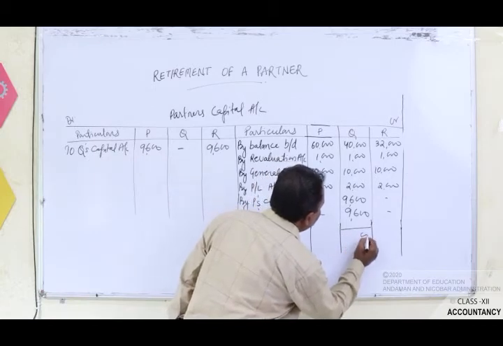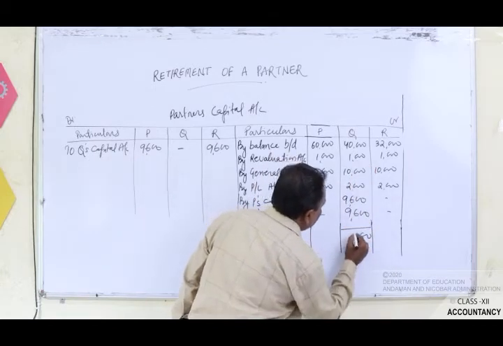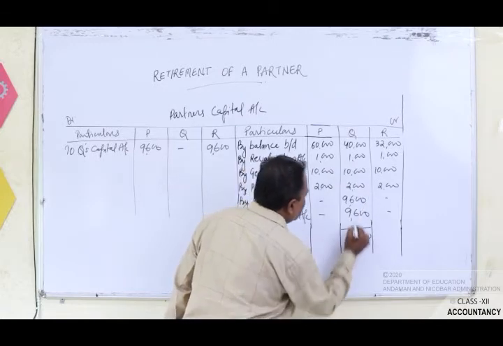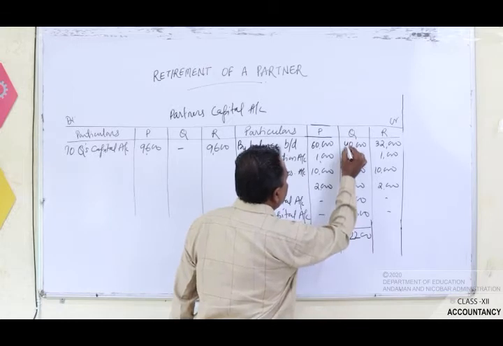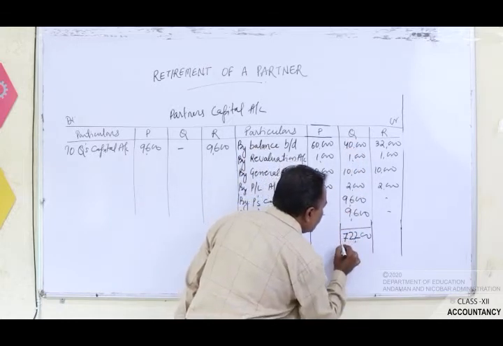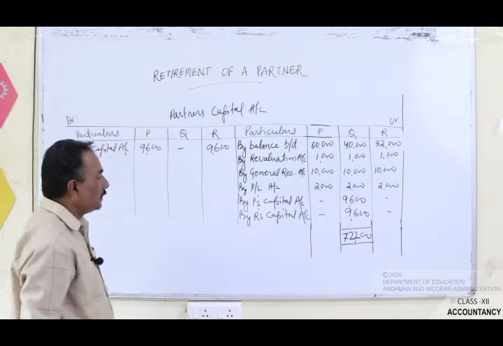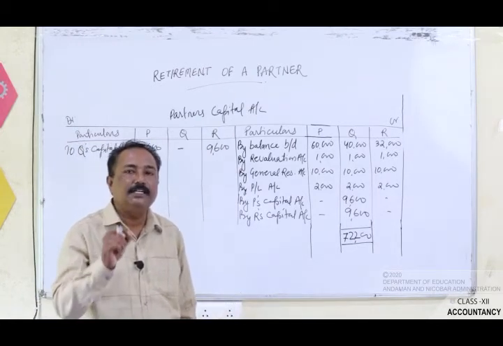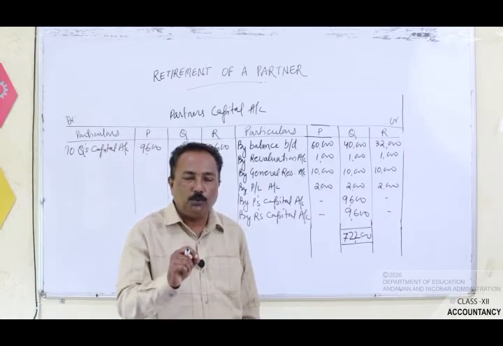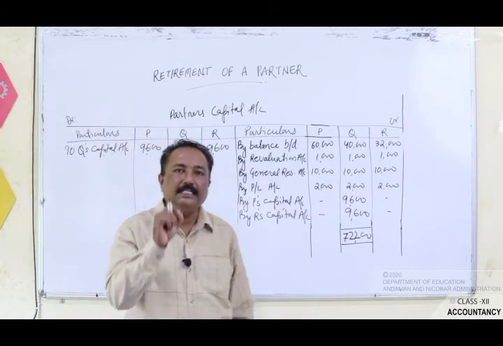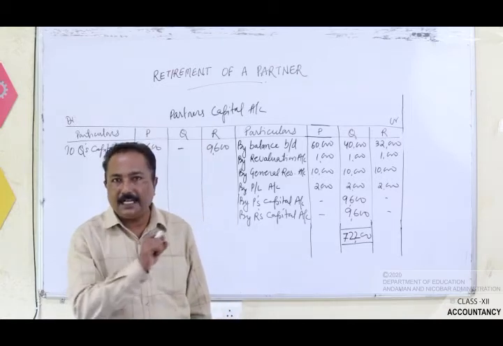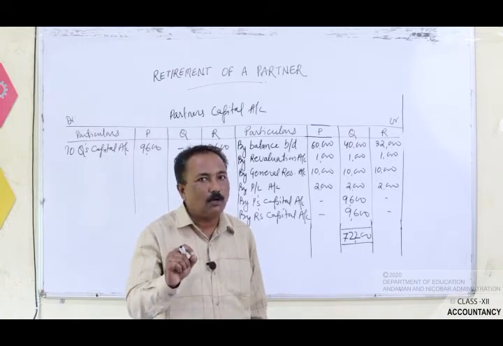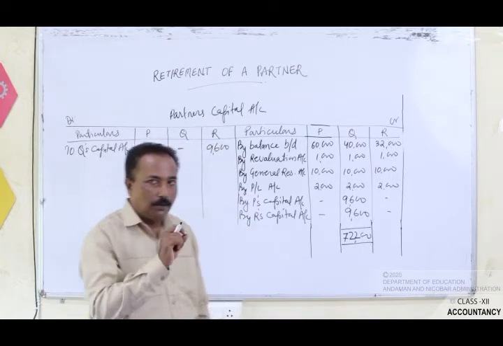It is 72,200. Now, here we have to make the payment of rupees 72,200 to Q. But as the additional information clearly said, we will make the payment of rupees 10,000 in cash to Q.